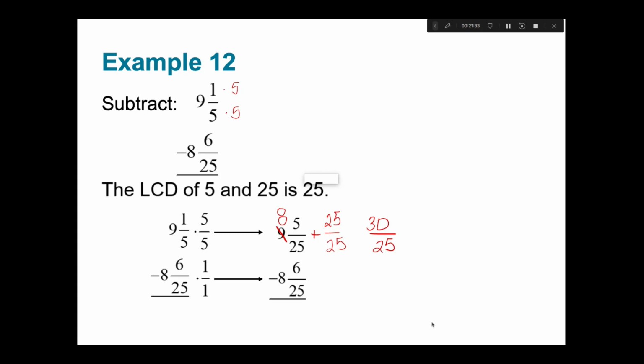Now that I have 30 25ths, can I take 6 away? Absolutely. My number is bigger than my bottom number. So I can take that away and subtract. Okay, let me catch up on my notes real quick.